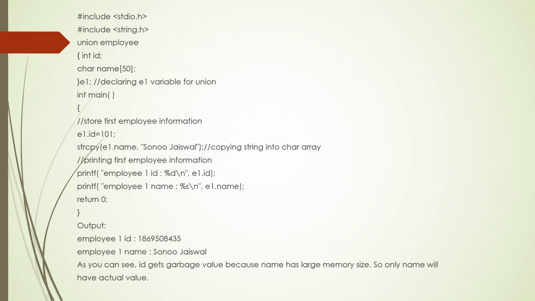Like structures, unions also have advantages and disadvantages. When coming to advantages, the first one is memory efficiency. All the members share the same memory, so a union uses only the size of its largest member. Next, it is useful for different data representations.